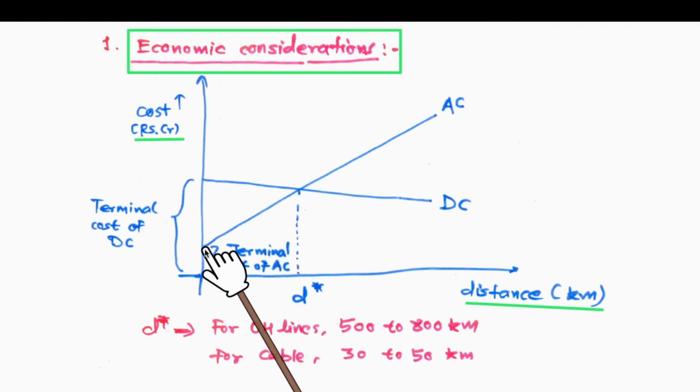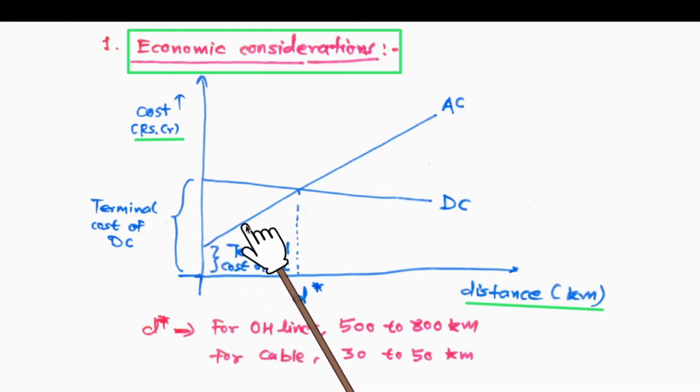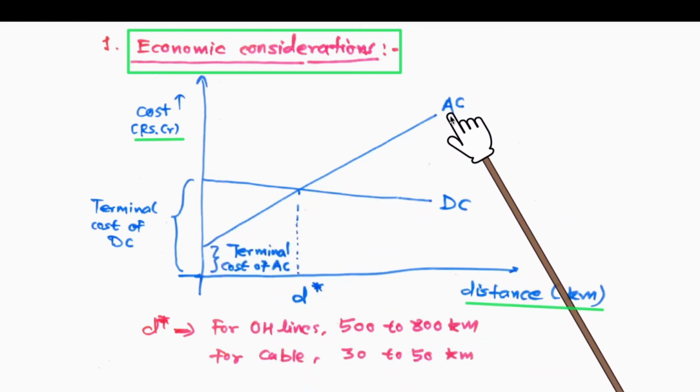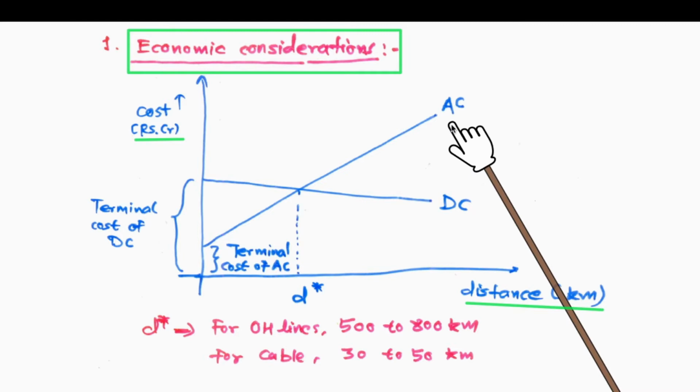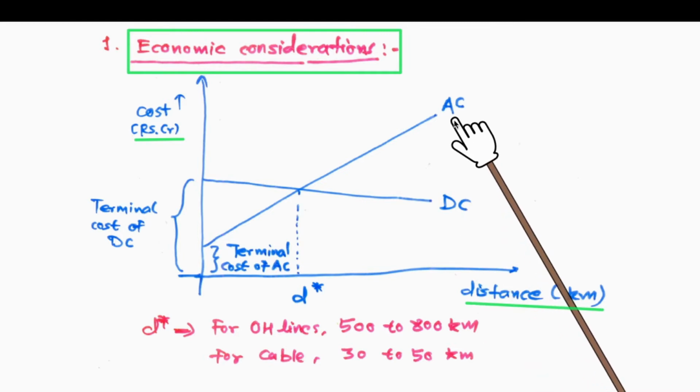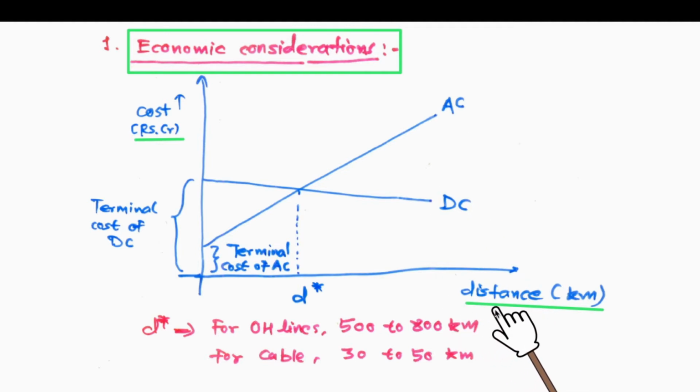Terminal cost of AC, so this is indicated, right? It may be in some crores of rupees. Okay, and as you start sending this AC power generated over long distance, right? So as the distance increases, we can observe that the cost of AC transmission increases linearly. This indicates that AC transmission cost increases with the transmission distance.